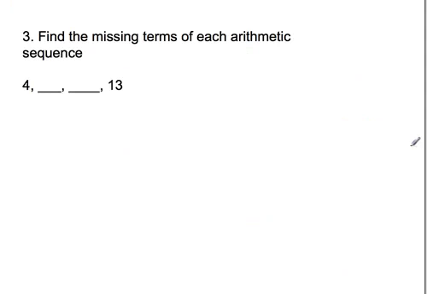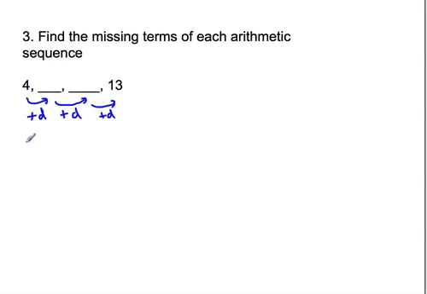In the next example, I'm going to do this in a couple different ways. Firstly, we can do it this way. We know that we're adding a common difference each time. We'll call it d. So we're doing that once, twice, 3 times to get up to 13. You're adding d, adding d again, adding d again.